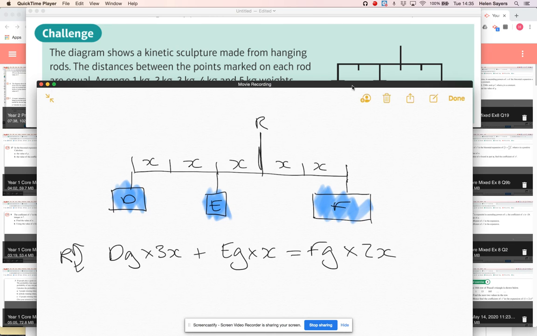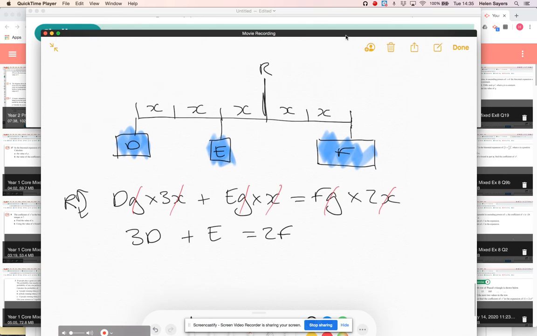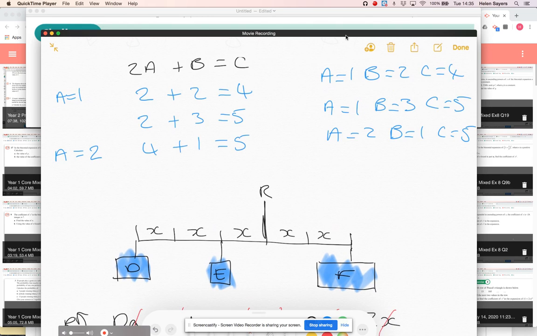So again, I can cancel through by g and by x, which leaves me with 3D plus E equals 2F.